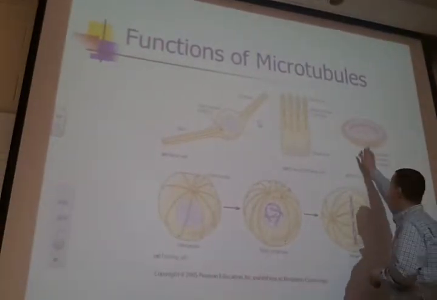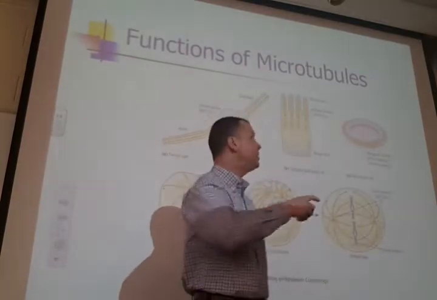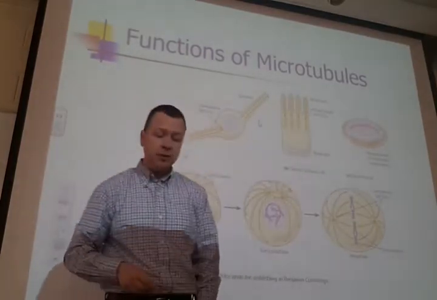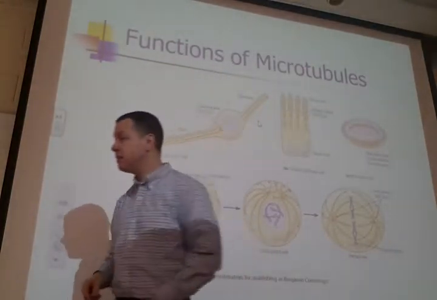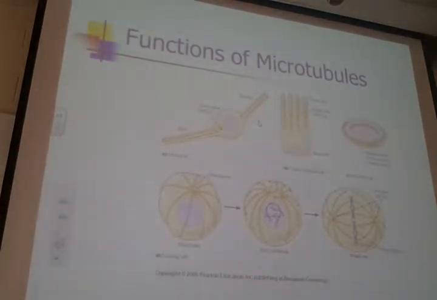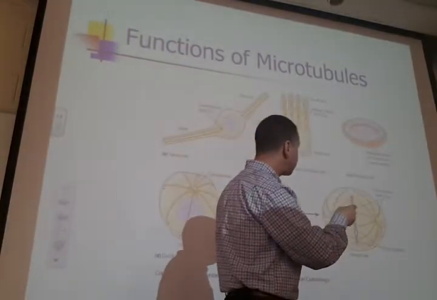So to help that from happening, there is a ring of microtubules, among other proteins, but there are microtubules involved, that run around the circumference of the little red blood cell. That's called the marginal band that you see here, a marginal bundle.